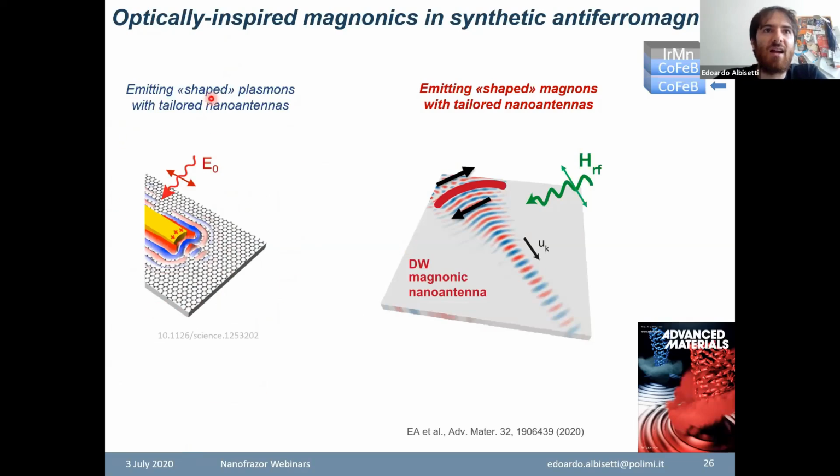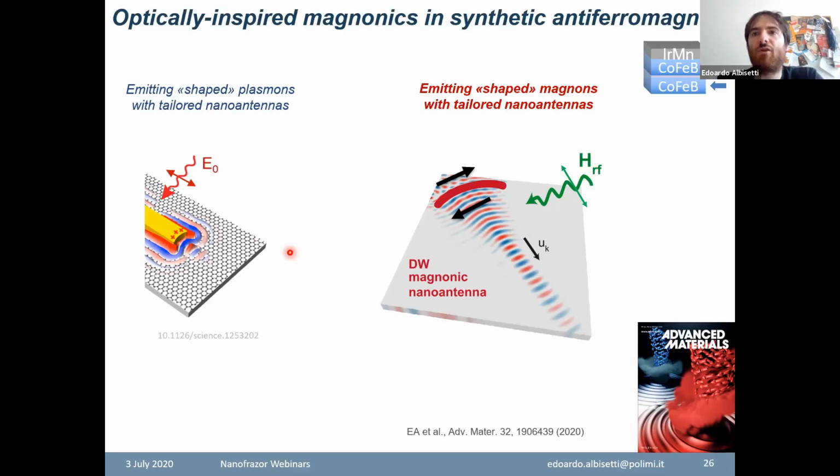In this case, I put an example that is in a Science paper of some time ago, where they can shape the wavefront of the plasmon by shaping the nanoantenna. So you have this metal rod that can be shaped, and the launched plasmons retain the shape of the rod, of the antenna that generates them.